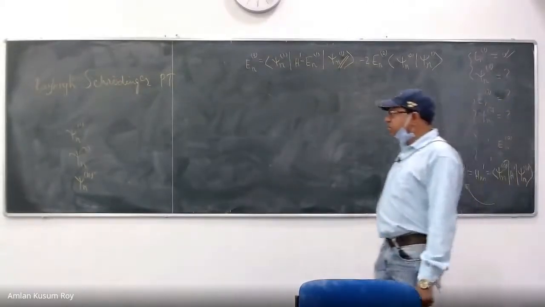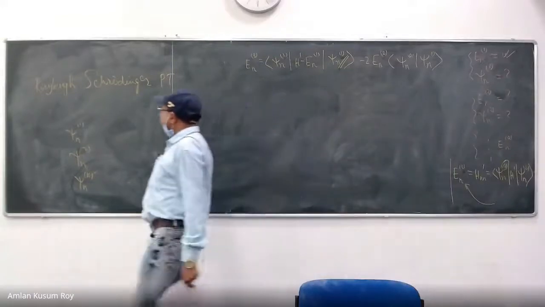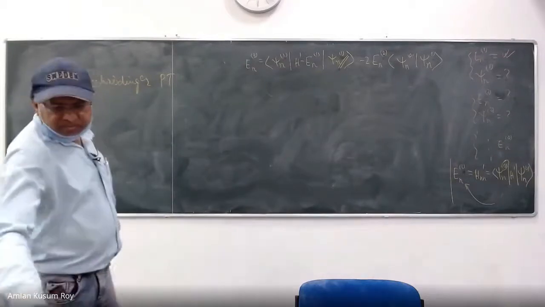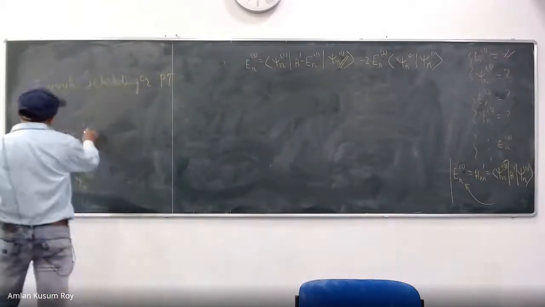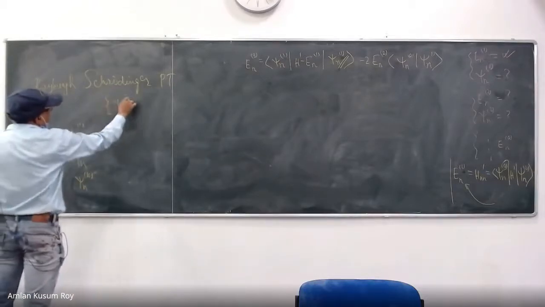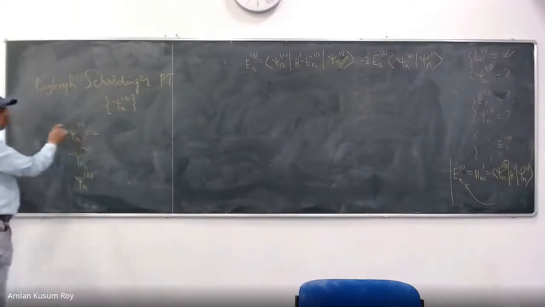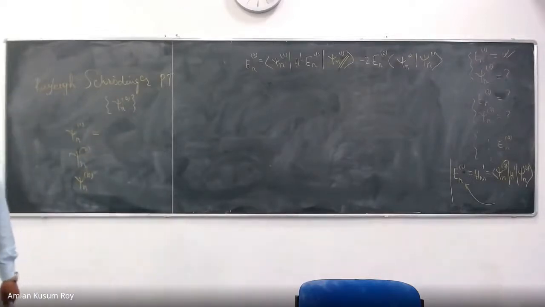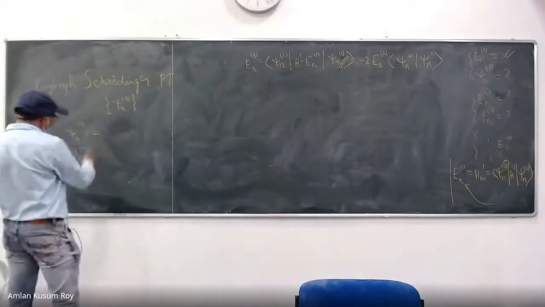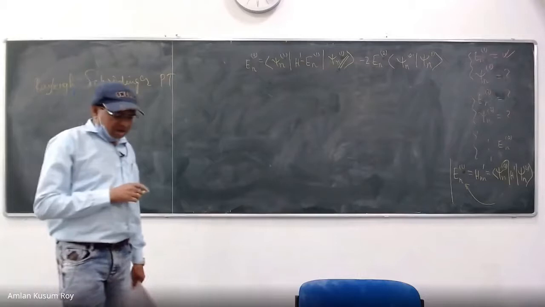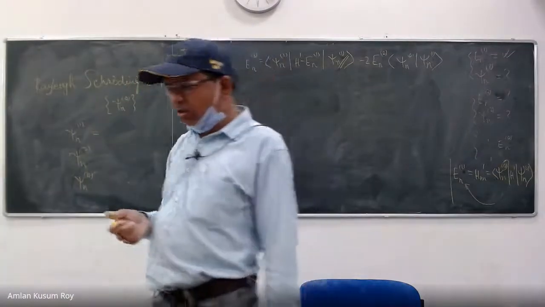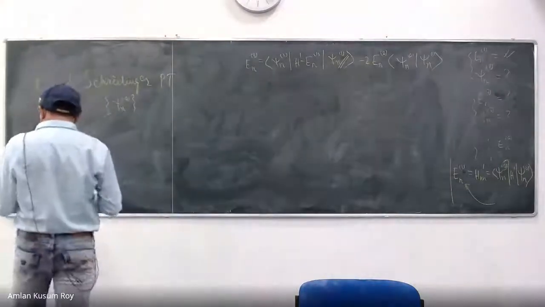So I can use this to my advantage to expand my unknown wave function, which is psi n1, using psi n0. And for that matter, I can write any of these higher order wave functions as an expansion in the zeroth order wave functions, right? And that is precisely what I will do.